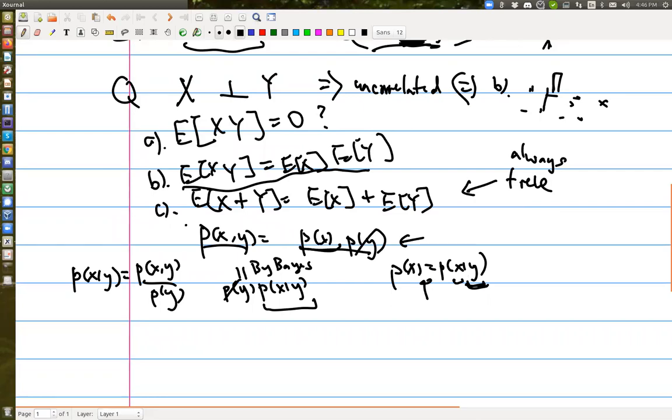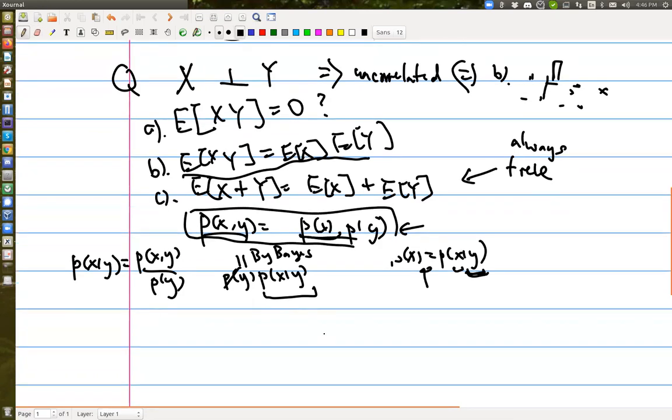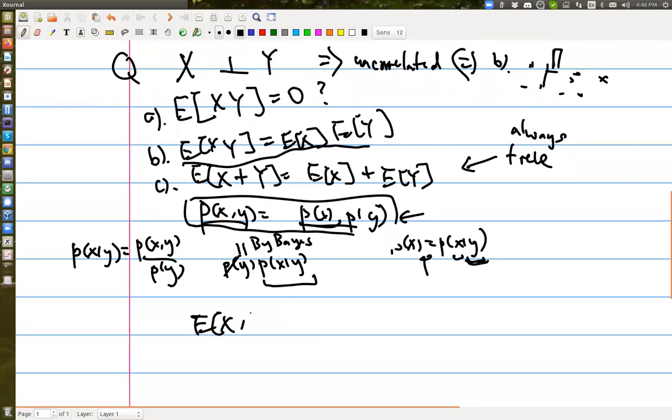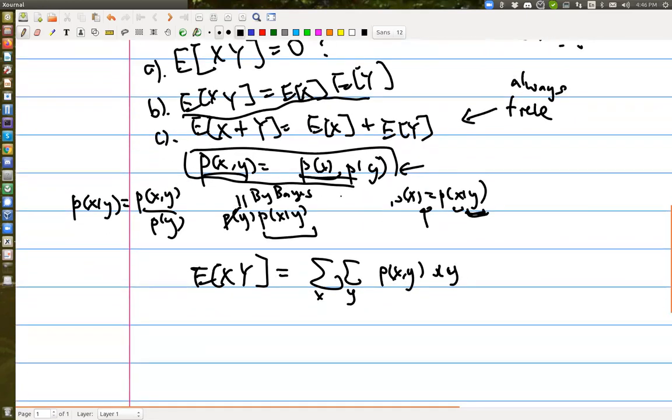And if I have x and y independent, then I have what? Expectation of xy is a sum over x, sum over y, p(xy) times x and y. But p(xy) is p(x)p(y), so I have p(x)p(y), sum over y, sum over x, of x and y.